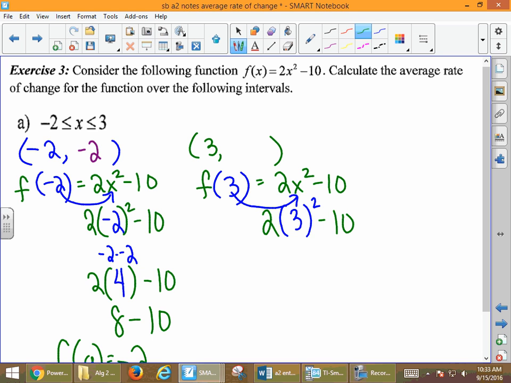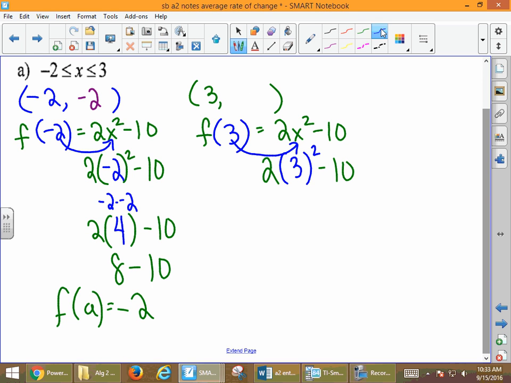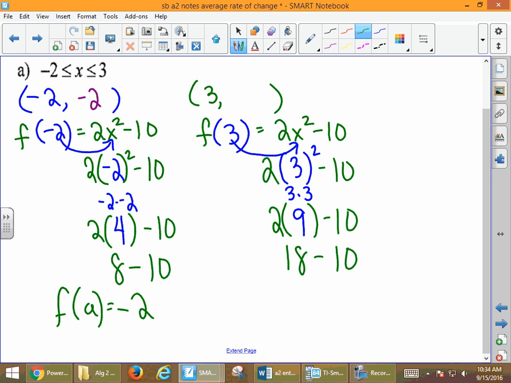When we type that in, remember that 3 squared is 3 times 3, which is 9. So it's 2 times 9 minus 10, which is 18 minus 10, which is 8. That's the value of f of b. So we're going to put that back in here.